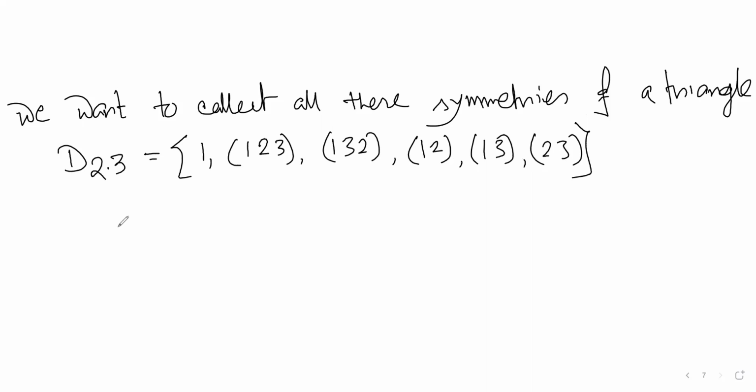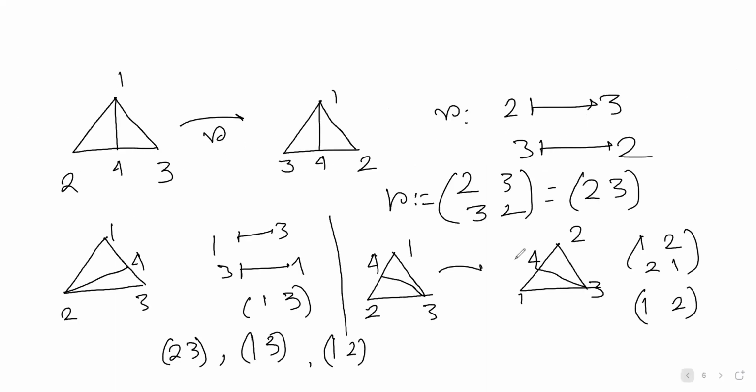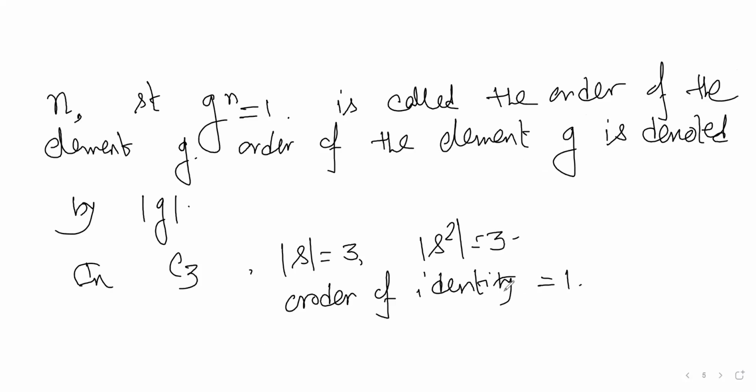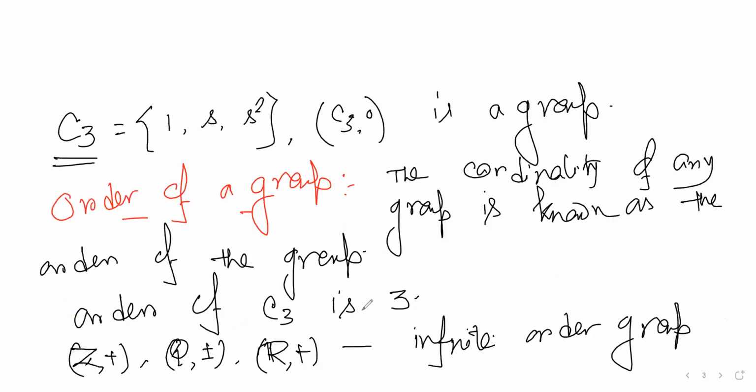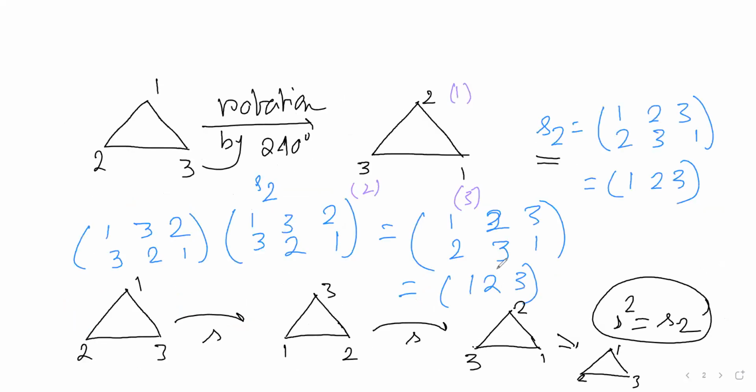Now we already see that S cube is my identity. What is S? S I already denoted here. Sorry. S is my C3, right?